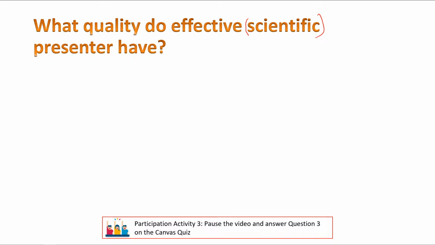No complication, no complexity. Sometimes what you are presenting is very complicated, just as the presentation that I gave you in the previous video is very dry and complicated technical details, but somehow I was able to simplify it, or I tried my best to make it as simple as possible.